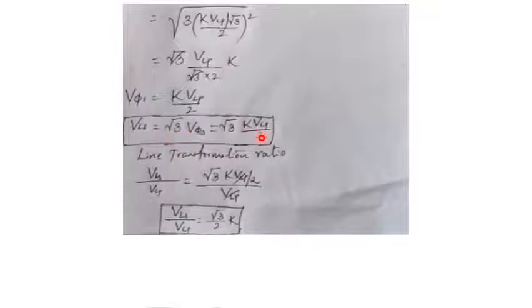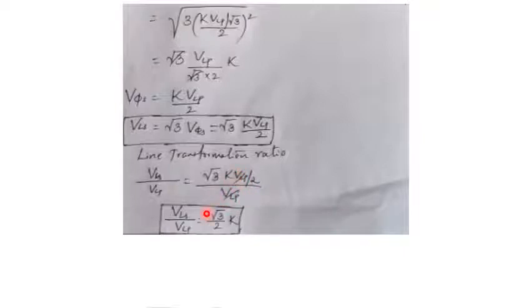How can you represent the line transformation ratio? That is VLS divided by VLP. You know the value of VLS, substitute here root 3 K VLP divided by 2, divided by VLP. VLP gets cancelled.